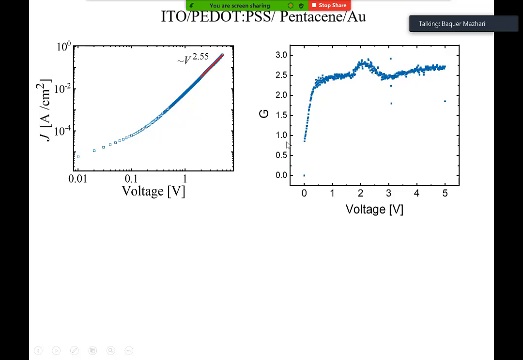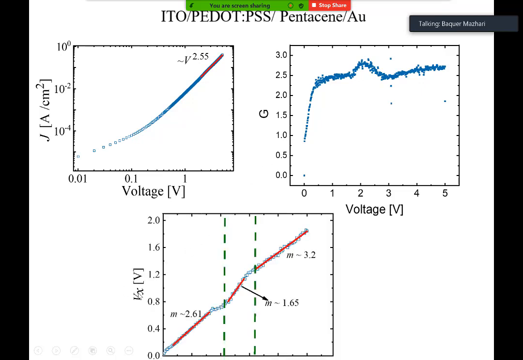And when we subject it to this Vx analysis here, this data reveals several interesting things. We see that there's a region here with a slope of 2.61, almost like a trap-free device with field-dependent mobility. But then we see a region with a slope of around 1.65. And probably what is happening is that the currents are higher in the device here, and the device is getting limited by series resistance, and that causes the slopes to go to a more linear region.